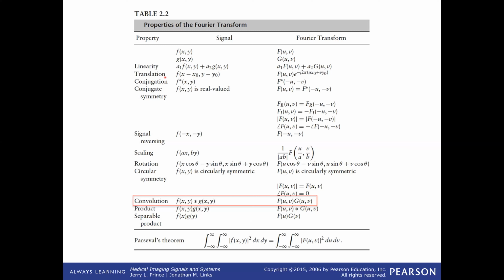Circular symmetry, reversing. Okay, translation is an interesting one, and that is if I take my object and I just move it n pixels in a certain direction, what does that do to the Fourier transform? Well, the magnitude of the Fourier transform remains identical, as we can see from this. So the magnitude goes unchanged. It's still there.